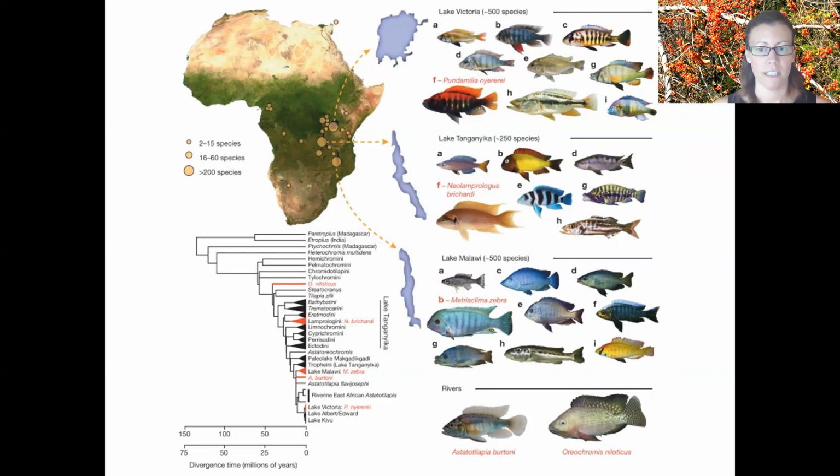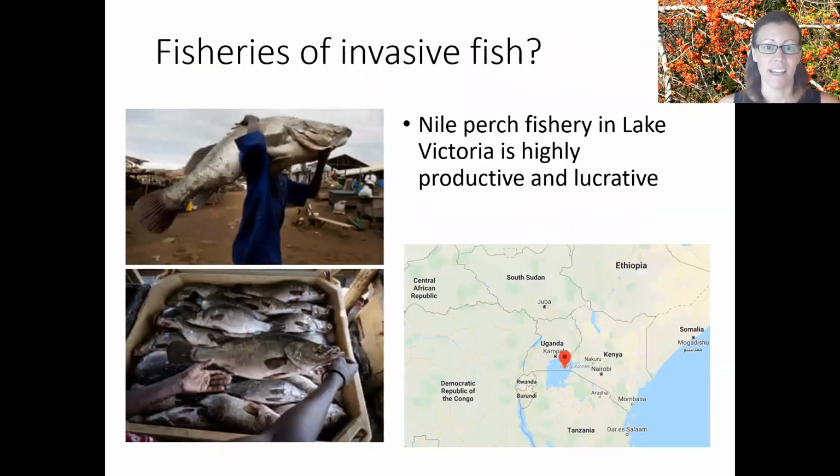So does that tell us that the Nile perch is bad, right? So from an invasive species perspective, the Nile perch is a major problem because we've lost this huge populations of native cichlids. The problem though, right, is that it's not a one-sided conversation.